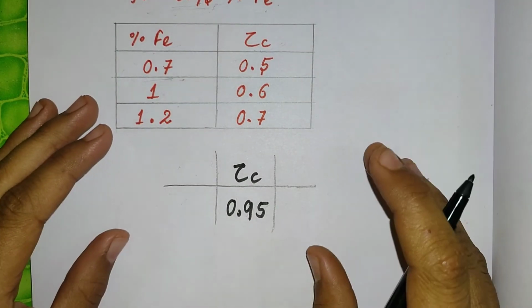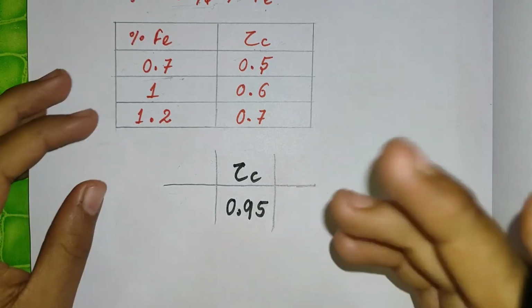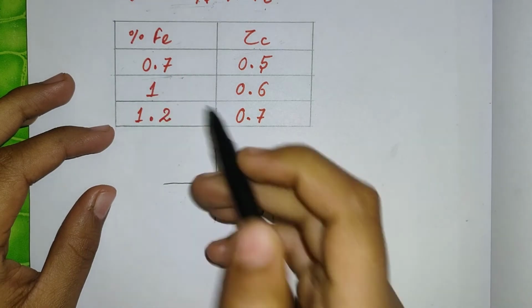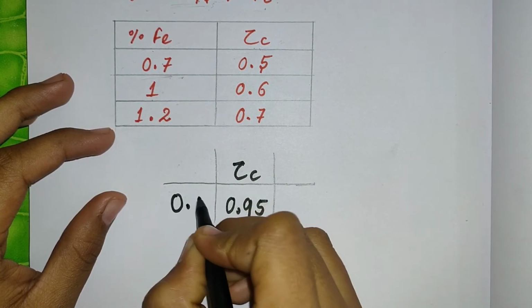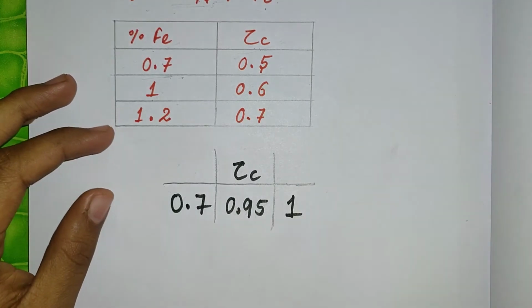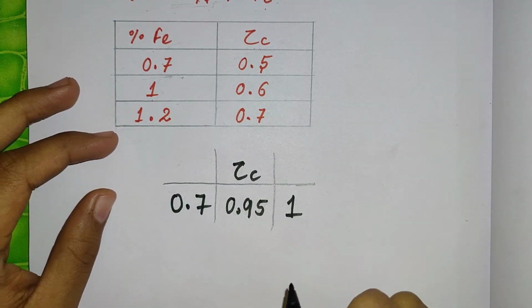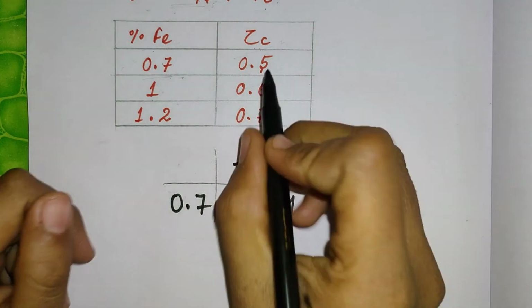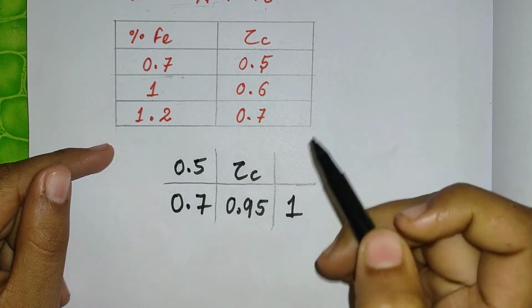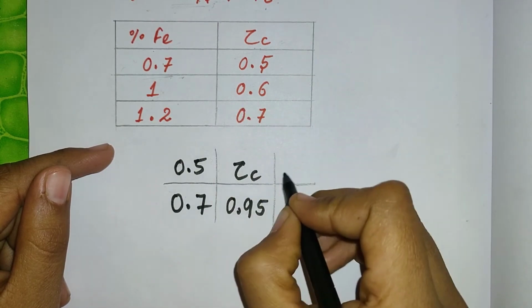Understood? So proceed. Before 0.95 the value is 0.7 and after that the value is 1. Thus the corresponding value of 0.7 is 0.5 and for 1 it is 0.6.